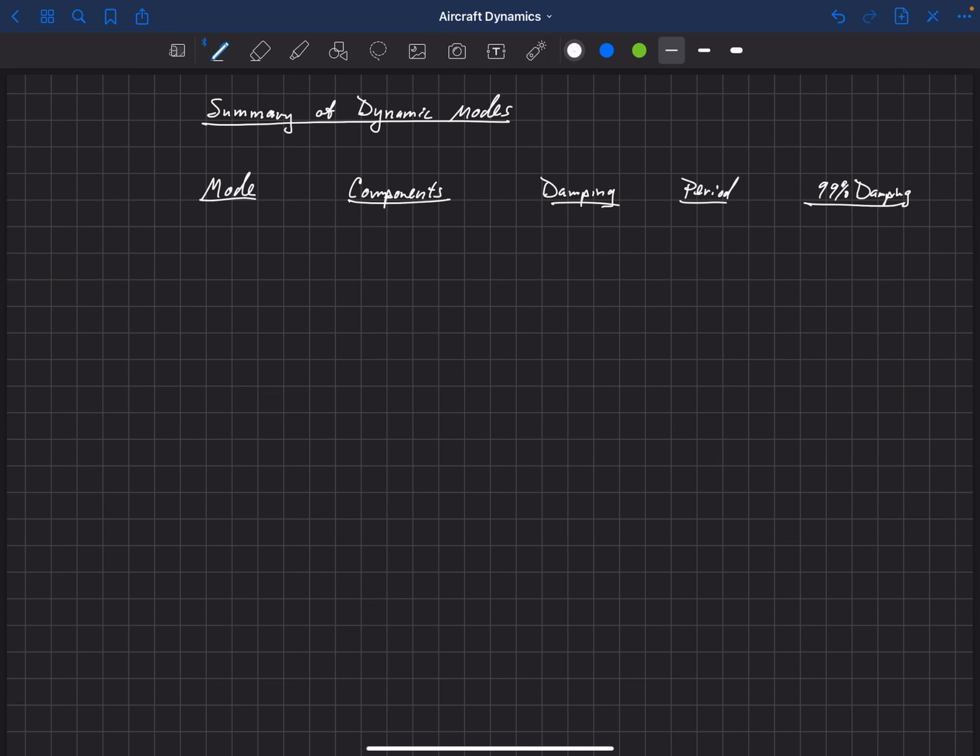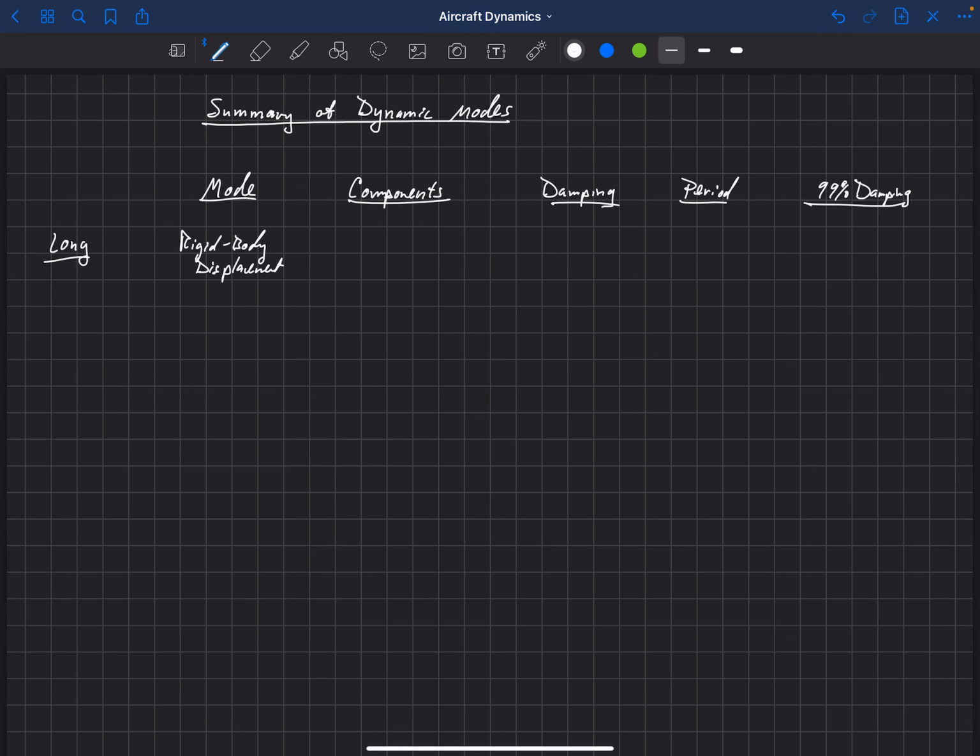Okay, so we learned about two different fundamental types of modes. We learned about longitudinal modes and lateral. So let's start off with longitudinal. And in the longitudinal world, we found that we had two what are called rigid body displacement modes.